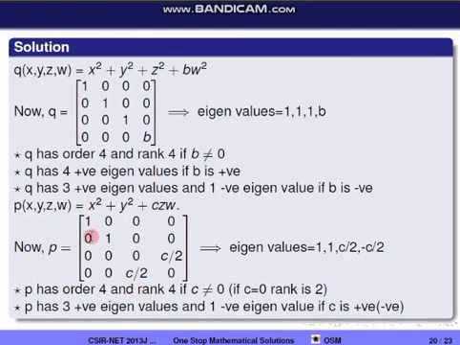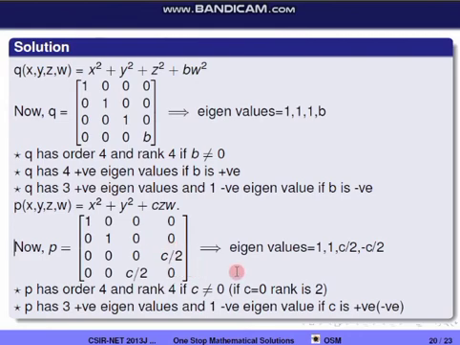we'll divide this as blocks. So this is one block and this is second block. So for this block the eigenvalues are 1, 1. For the second block the characteristic equation is lambda square minus trace 0 plus determinant, that is minus c square by 4. So when we solve this, lambda square is equal to c square by 4. We'll get lambda is equal to plus or minus c by 2.